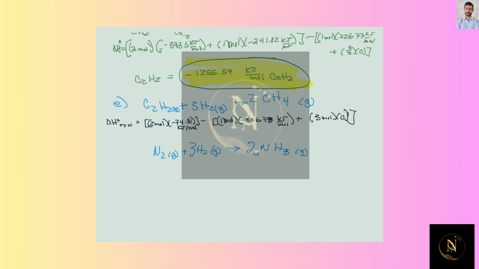Let me grab my calculator again. 2 times negative 74.81, and there I will subtract.